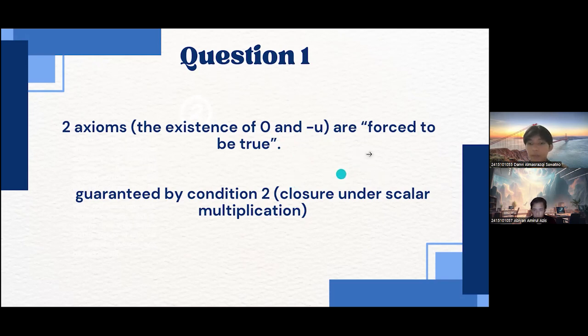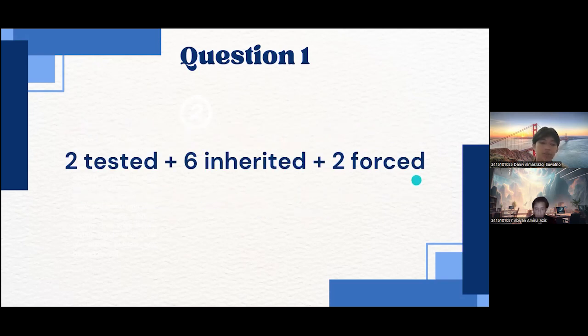If U is in W, then minus 1 multiplied by U equals minus U, so minus U must also be in W. Therefore, by testing just 2 conditions, we have actually proven all 10 conditions: 2 tested, 6 inherited, and 2 forced.